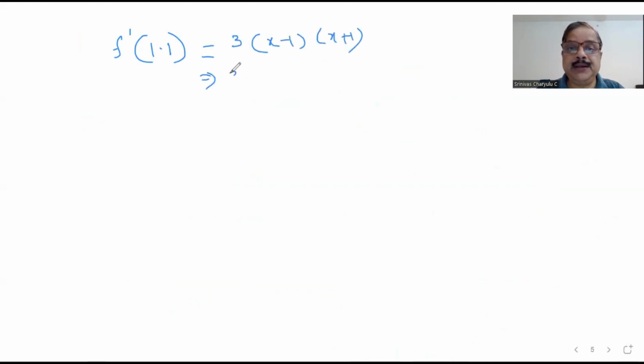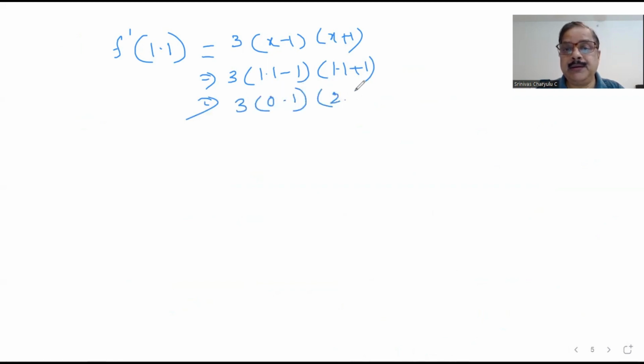So substitute 1.1 minus 1, which is 0.1, and 1.1 plus 1, that is 2.1. Roughly this will become 0.63. Thus this also came greater than 0.